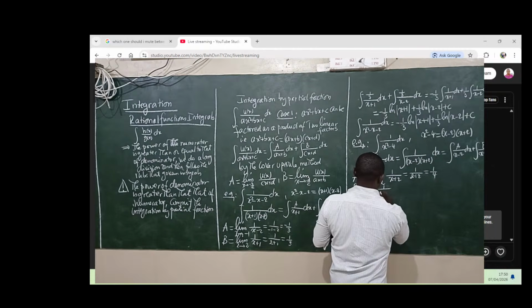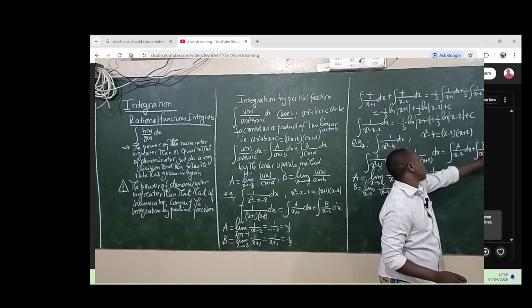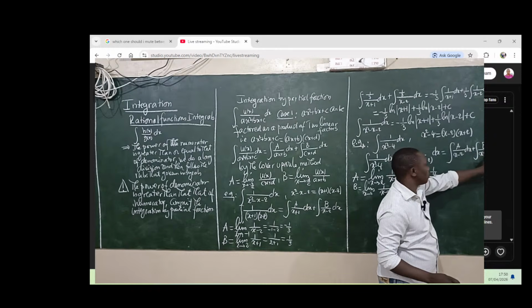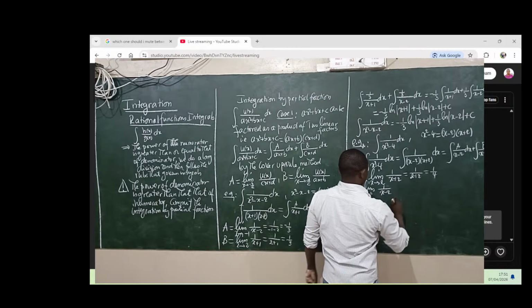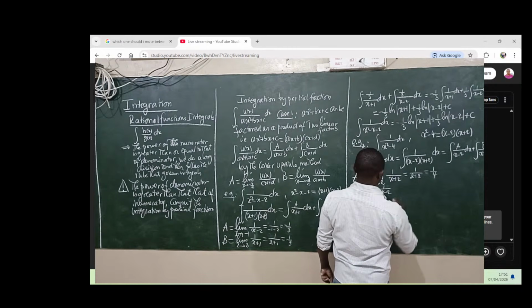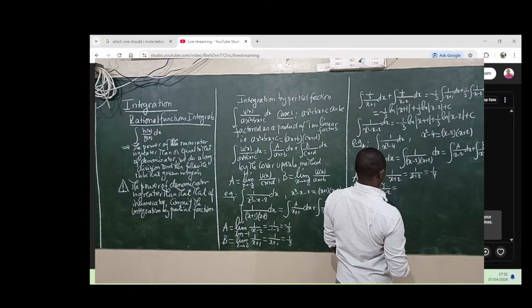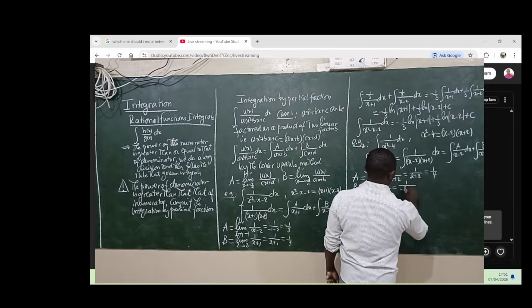Because we hid this, we equate x plus 2 to 0, so x will be equal to minus 2. So the b value is going to be 1 over, replacing x by minus 2, minus 2 minus 2, this is minus 1 over 4.